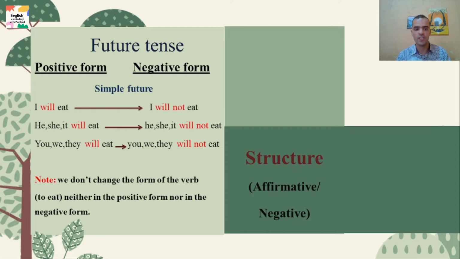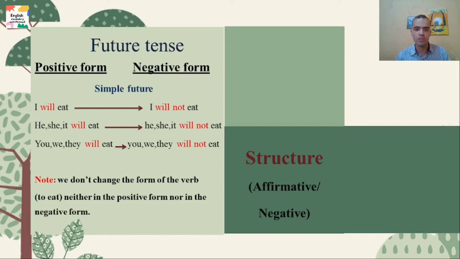So there is a note here I would like to shed light on. We don't change the form of the verb to eat, neither in the positive form nor in the negative form. As you can see here, I said I will eat. He, she, it will eat, not he, she, it wills, or he, she, it will eats. So we cannot change the form.